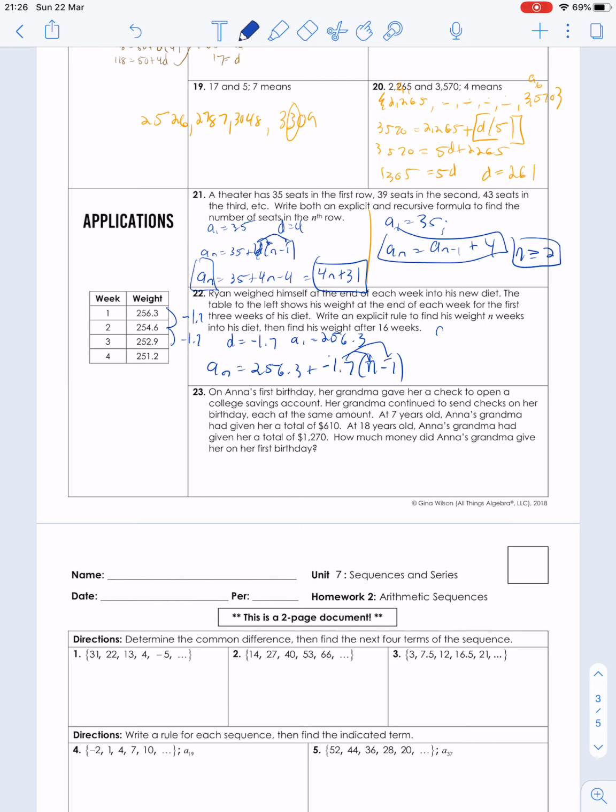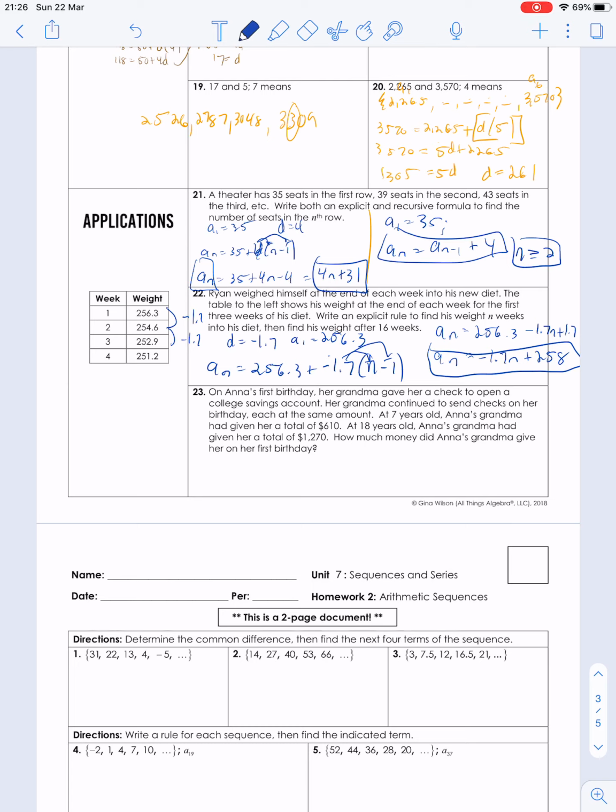So we get A of n equals 256.3 minus 1.7n plus 1.7. So A of n equals negative 1.7n plus 258. Done. I can't even write a square or a rectangle around my answer.